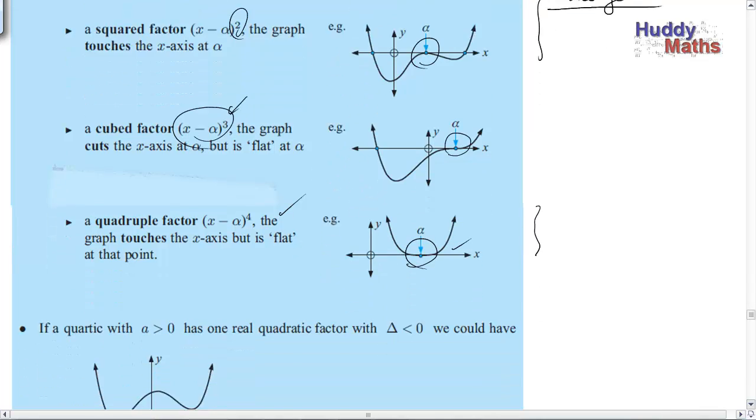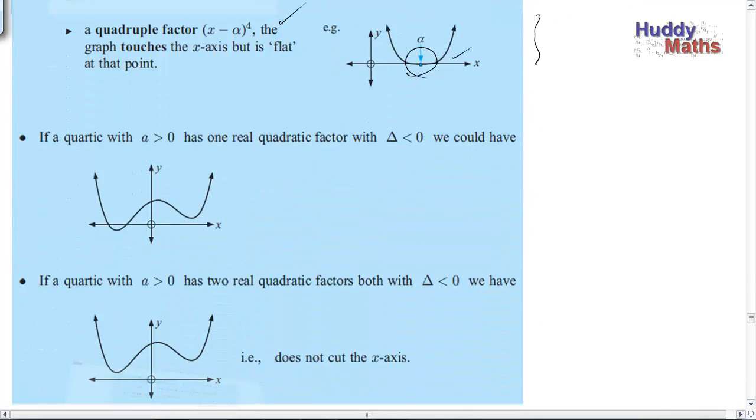Okay, here we go. If a quartic with A greater than 0 has one real quadratic factor with discriminant less than naught, we could have that. So if it's a quartic and one real quadratic factor, it's got two linears, so there we are. They will cut, but the rest of this will not produce any more zeros, because this real quadratic factor would have discriminant less than naught.